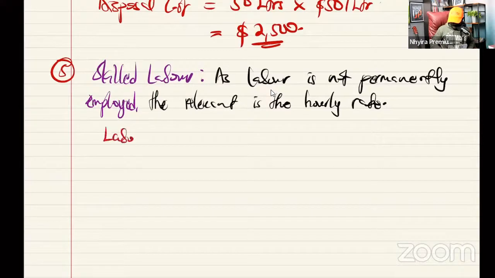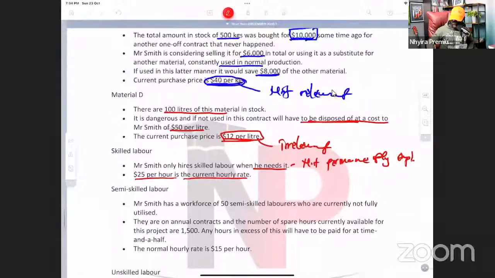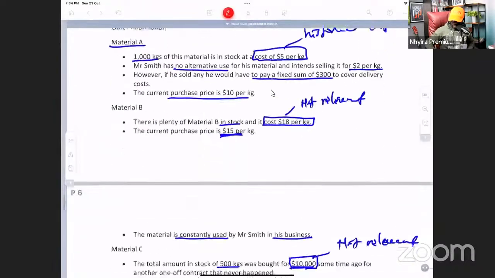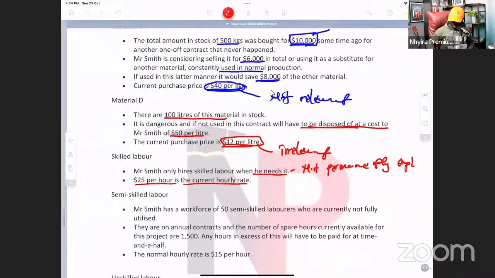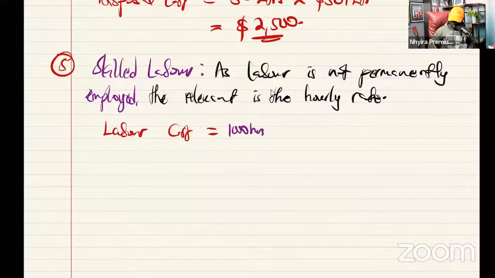So labor cost will be, how many hours do we need here? I think we need 1,000 hours. Yes, 1,000 hours. And we have to pay them $25 an hour. So that our relevant cost becomes 25,000.